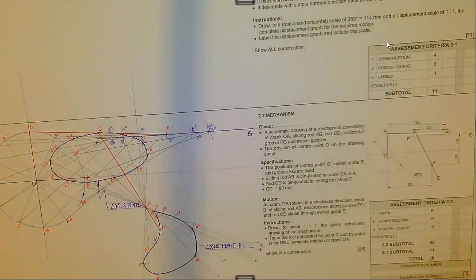We took it from the November 2018 paper, and it was worth 25 marks out of 36 marks. You'll find that the first part, which was for the chem 11 plus 25, you would get 36. So it's easy to pass these exams if you know what to do and how to go about it.